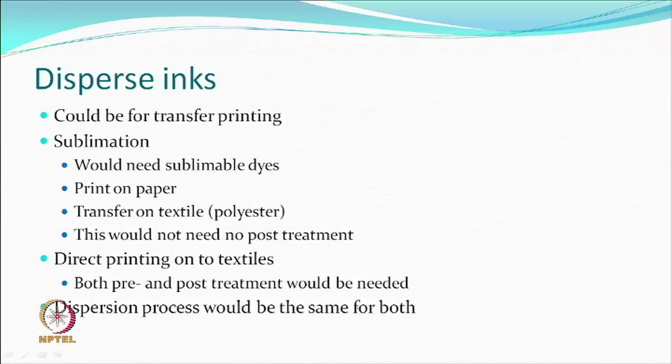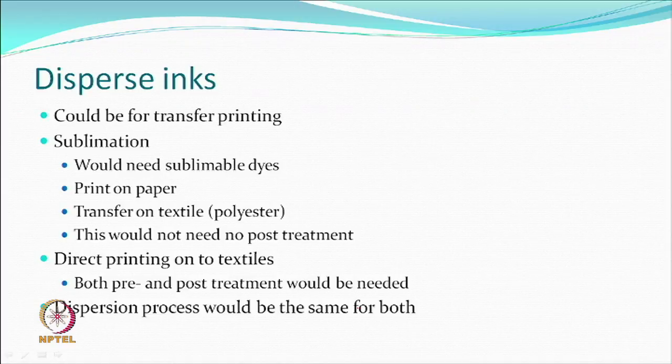So, you have inks for transfer printing. So, digitally it can be printed. So, they will have the sublimation type of dyes and print on paper, transfer on textiles. You see, when we talked about transfer printing earlier, the printing could be done with sublimable dyes by any method, roller, rotary or anything else. But now the inkjet is becoming as popular for this purpose as well.